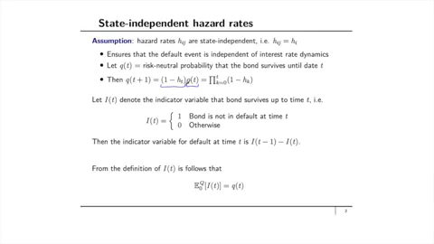From the definition of It, it immediately follows that the expected value under the risk-neutral measure of It is exactly equal to Qt. Once we have this indicator variable It, we can define various events using it, and it's going to be easier for us to keep track of various events that happen with the bond.